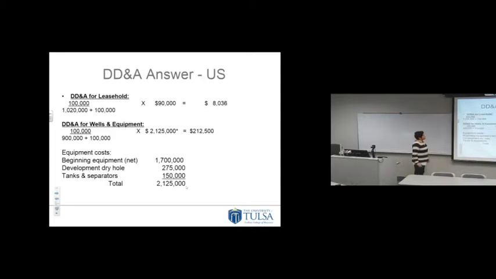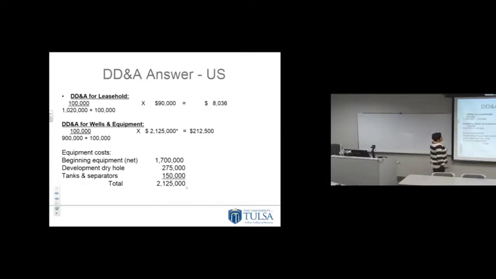For wells and equipment, I started with 1,007,000. That was my wells and equipment minus accumulated DD&A. I had a development dry hole. That's going to get added in. I had tanks and separators. That gets added in. Again, the only thing that's not added in is that exploratory dry hole, because that's going to the income statement as expense.